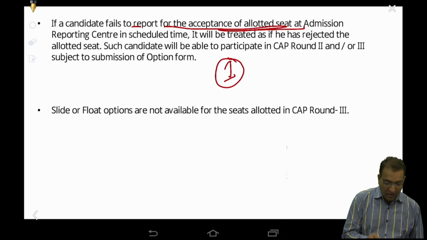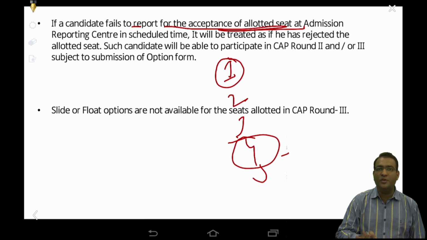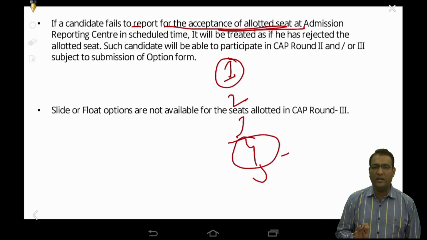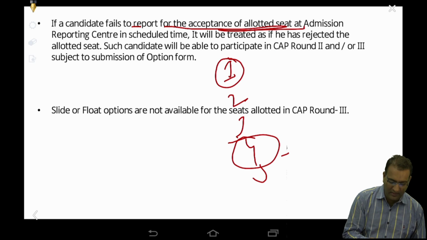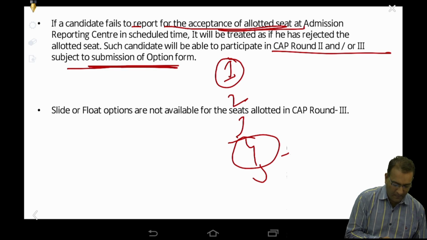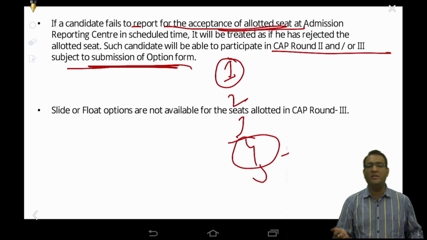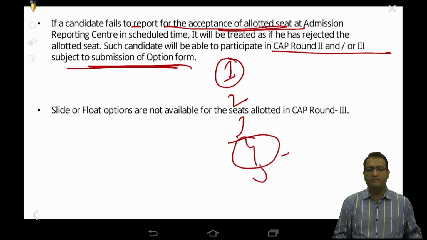But if you get the college of option number 2 or 3 or 4 which you must have filled, and if you don't go to the college to confirm the seat or float or nothing, you don't want to go for float also, you just don't go to the college, then also you can participate in cap round 2 and 3. Obviously you have to fill this option form. I hope this is understood. Right?